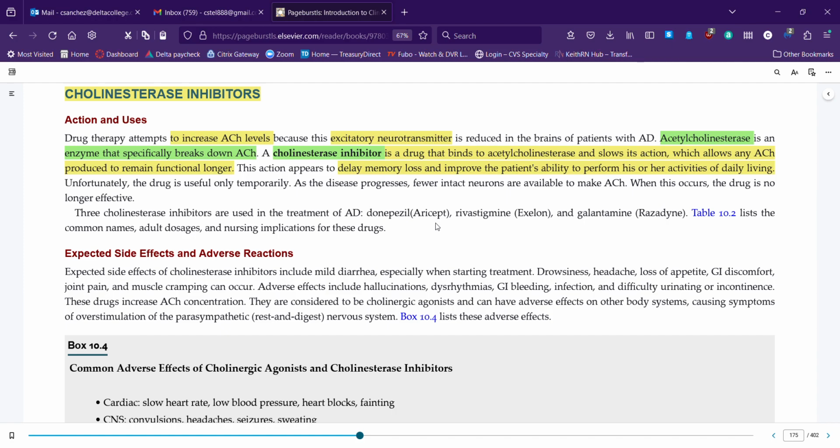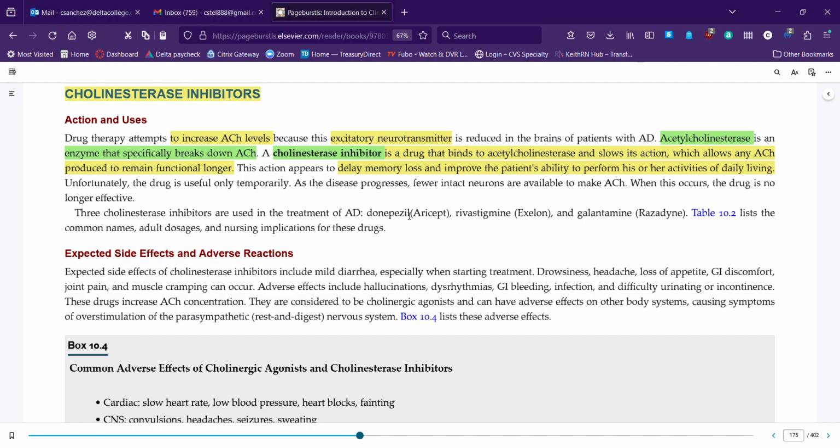So it says 3 cholinesterase inhibitors are used in the treatment of AD. We have our Aricept, or donepezil.